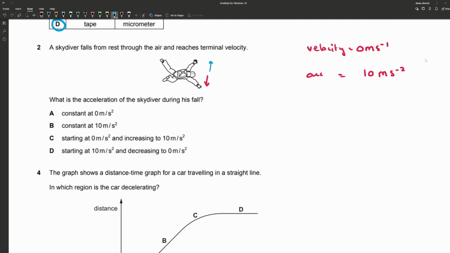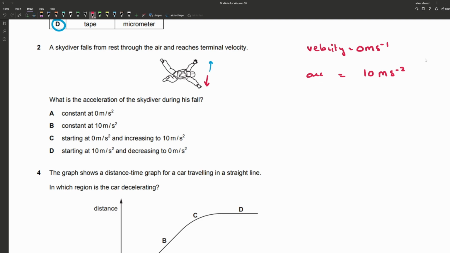So the net force becomes 0 and there is no acceleration on the skydiver. So basically in the start his acceleration is 10 meters per second squared, and slowly it starts to decrease, and there comes a point where it becomes 0. The point where his acceleration becomes 0, you have to check what velocity that is, and that velocity is called terminal velocity.